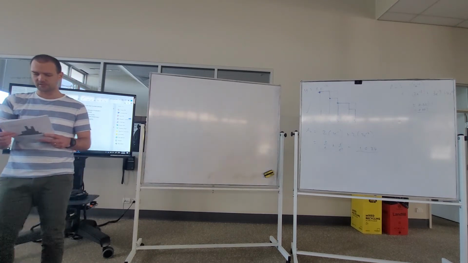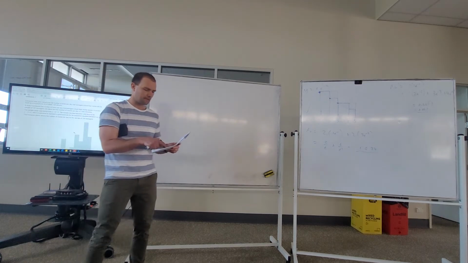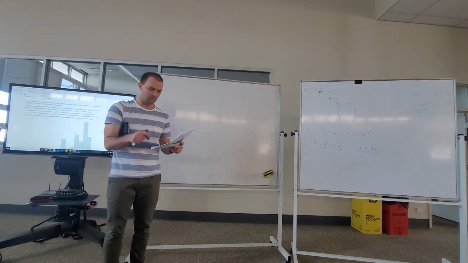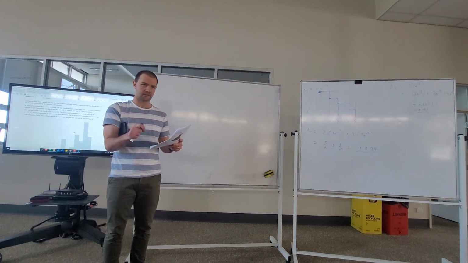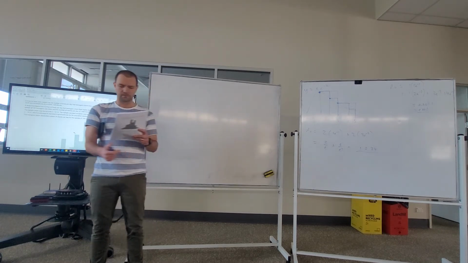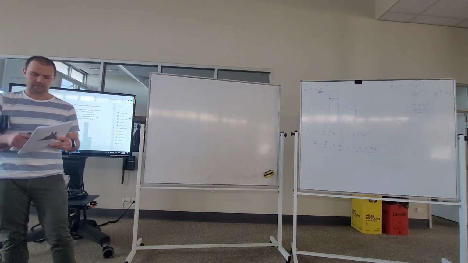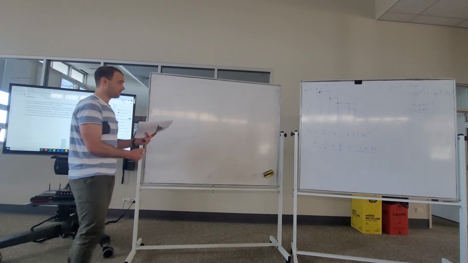All right, so we can see it's got quite a negative skew to it. With reference to the histogram above, explain why it may not be appropriate to use this sample to calculate a confidence interval for the population mean, the mean of X. Okay, we're looking at this histogram. Why is it not appropriate to use a confidence interval?